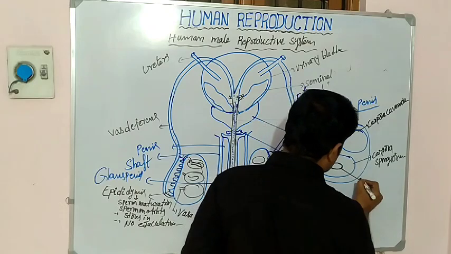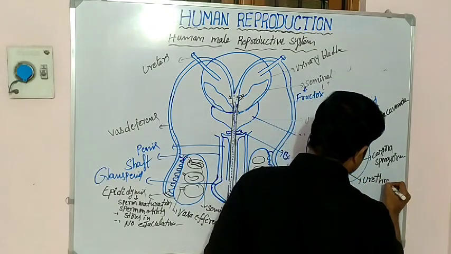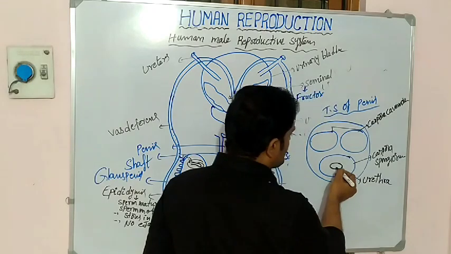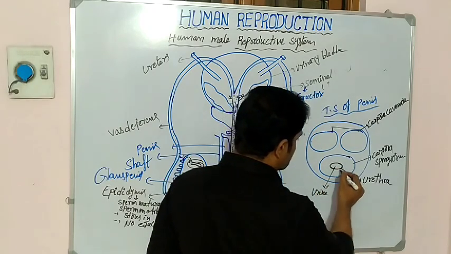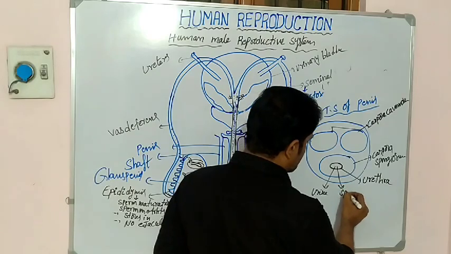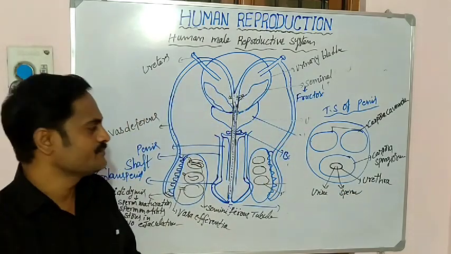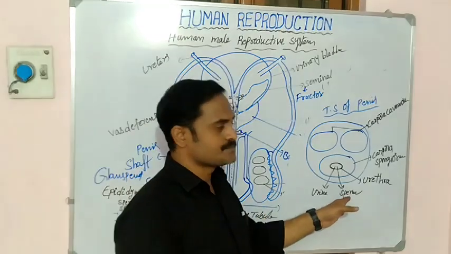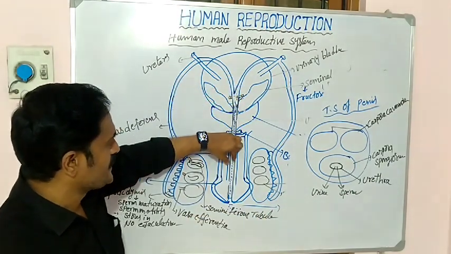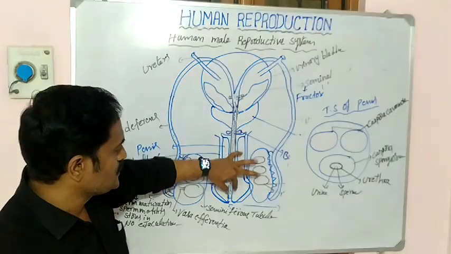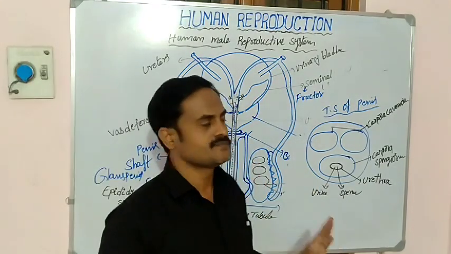This tube is called the urethra. Remember. From the urethra, the urine as well as sperm cells pass. In the human male reproductive system, both urine and sperms pass through the urethra, into the urethral meatus and then outside.